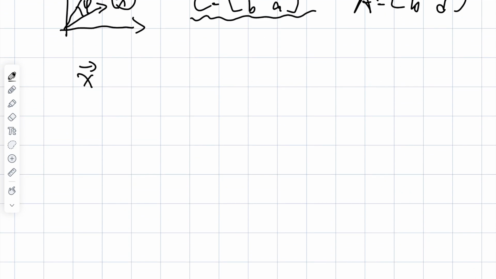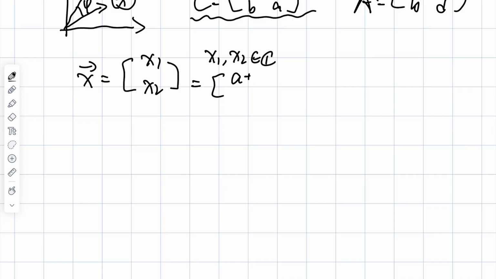We have x as a sum x1 and x2, and x1 and x2 are complex numbers, or we can write it out as a plus bi, c plus di.